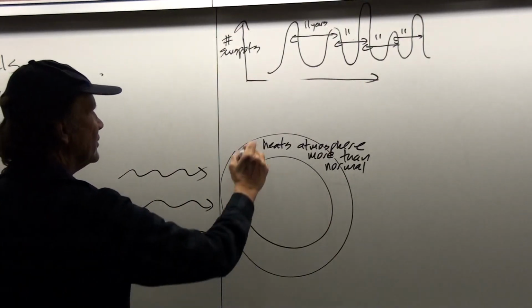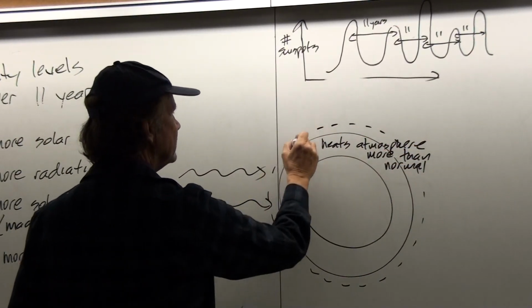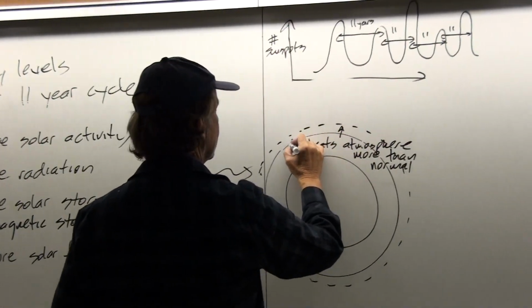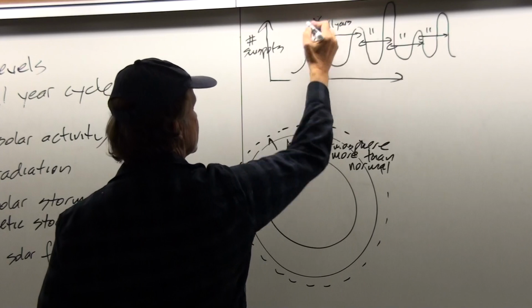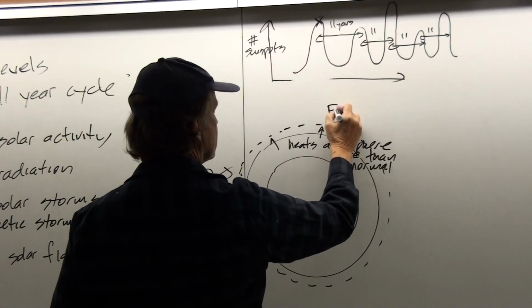But a heated gas will expand. And so the Earth's atmosphere actually gets bigger during a peak of the solar flare activity. The Earth's atmosphere rises.